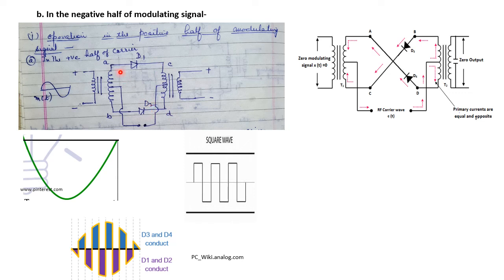So we can say that whatever voltage is present at point A will be reflected at point C, and the voltage which is present at point B will be directly connected to point D. In other words, whatever voltage is present in the secondary of the input transformer will be directly transferred to the primary of the output transformer.